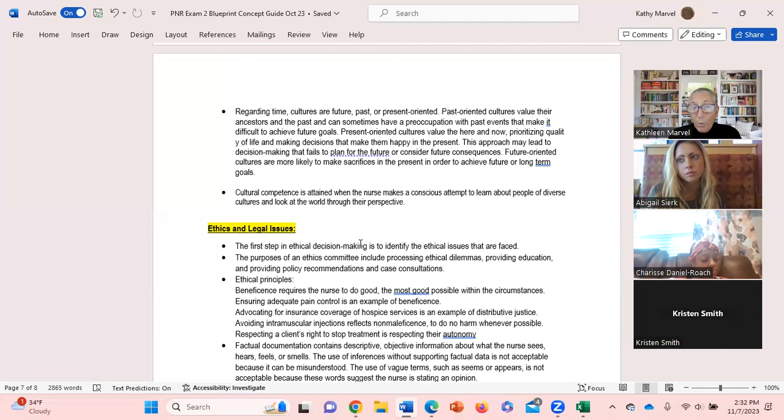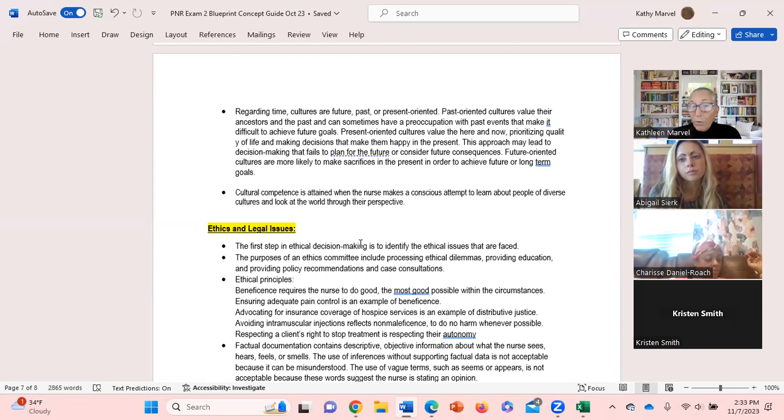If you're present oriented, you're focused on the here and now, right? You're focused on the quality of life for now, decisions that make you happy for the present. But it can sometimes fail: you fail to plan for the future or consider future consequences if you're living in the now.